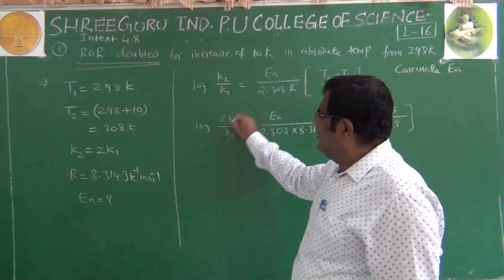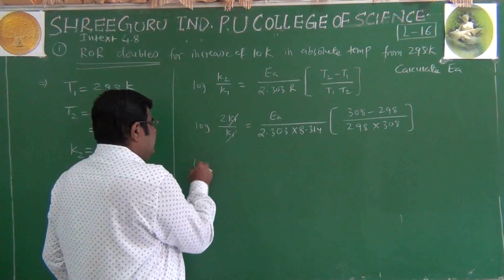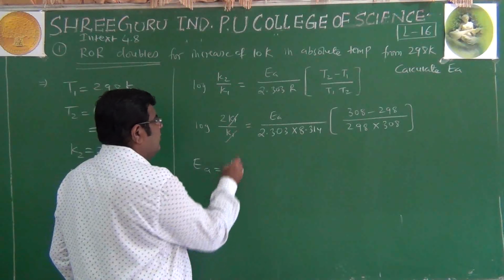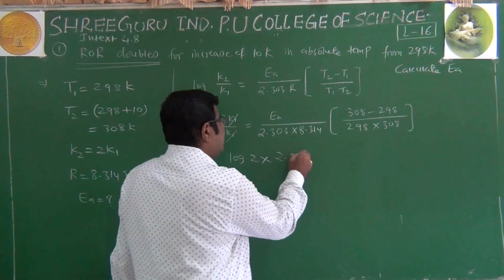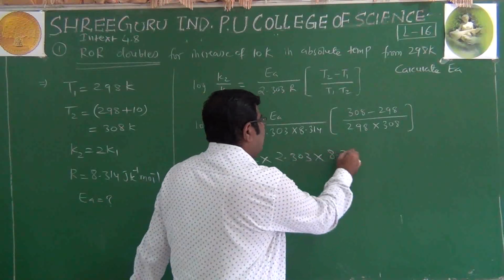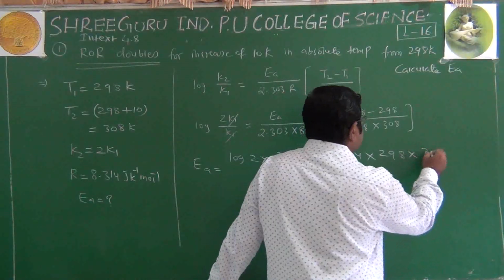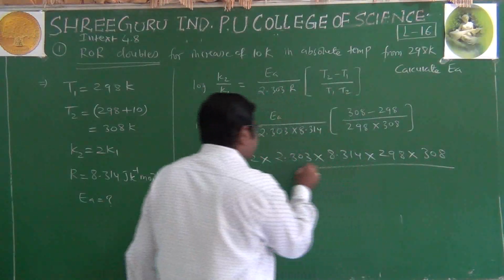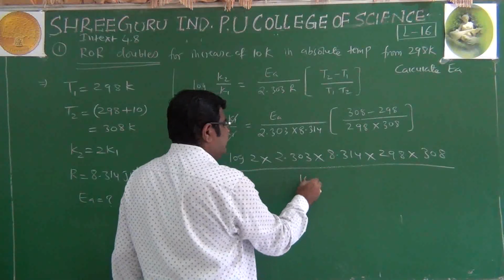So this K1 we can of course cancel. So you can write EA equals log of 2 multiplied by 2.303, 8.314, 298, 308, divided by, this is 10.